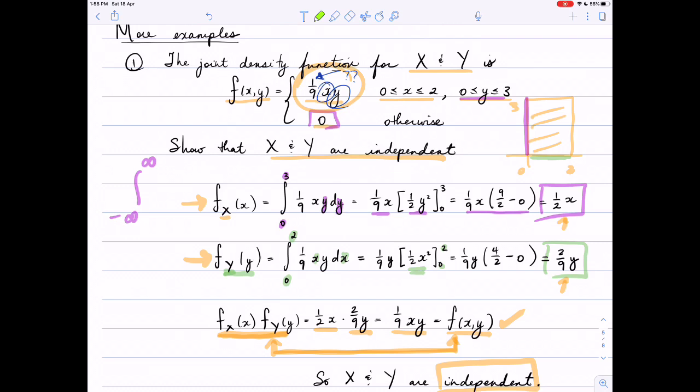I could have said it was 1/9 x times y. Well, that's one factoring. I could have said it was 1/3 x times 1/3 y. That's another factoring. Neither of these give me the marginals. The correct factoring happened to be 1/2 x and 2/9 y, which is perhaps a non-intuitive factoring.